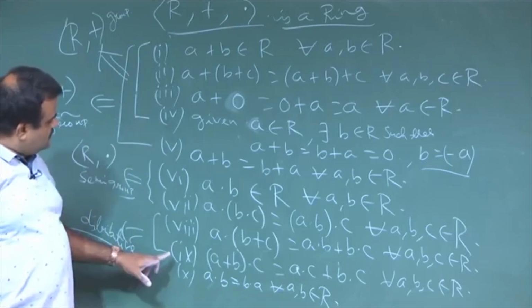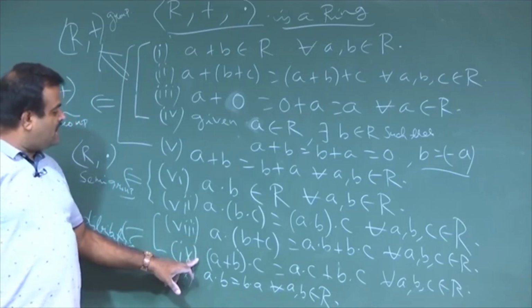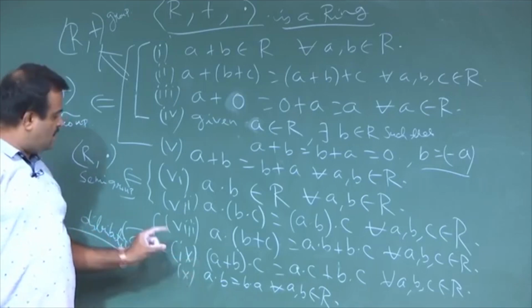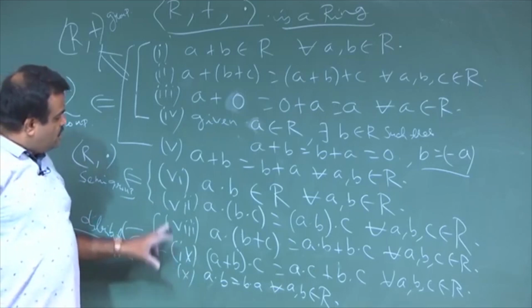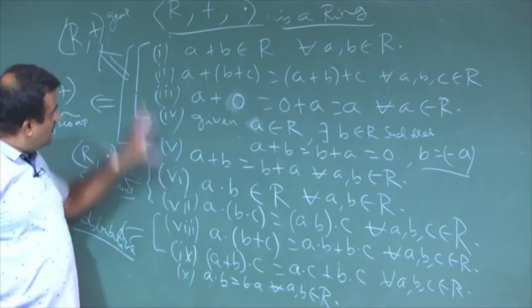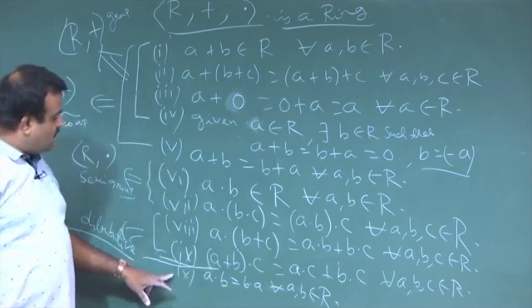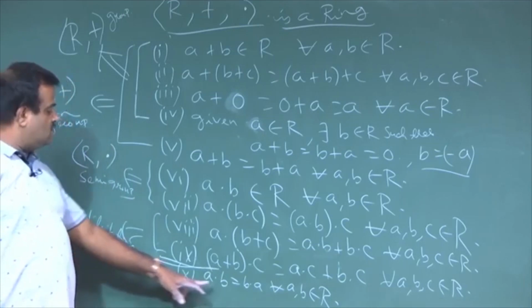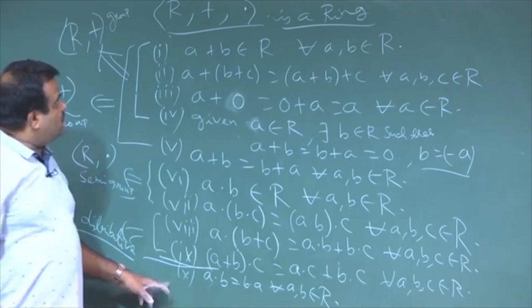Okay, if all these 9 properties hold, and it is a commutative ring, then the left distributive law and right distributive law are the same, so we have only one distributive law, because they are commutative. So, up to this we have a ring. Now, along with this, if the dot is also commutative, then it is called a commutative ring.